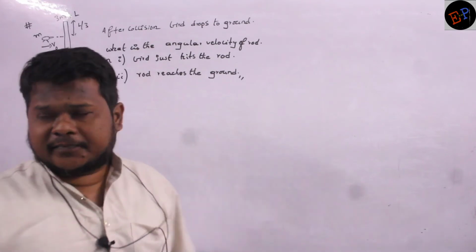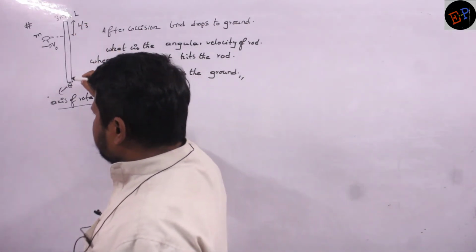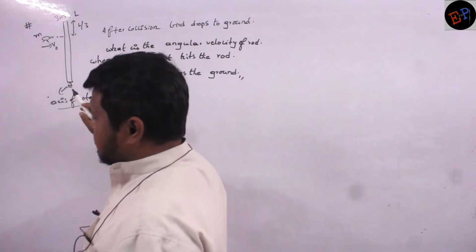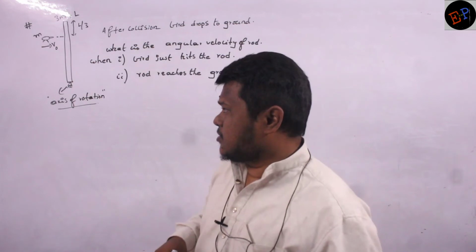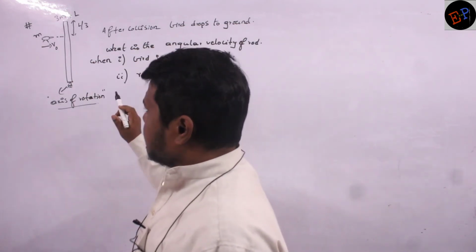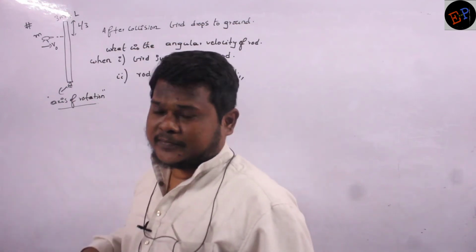This question here. Now this is a rod which is in rest position about this axis. The rod is in vertical position, and this is the axis of rotation. It means the rod can rotate about this axis. Clear?